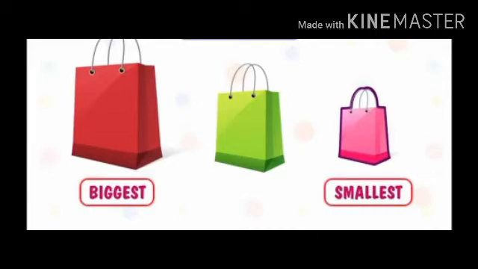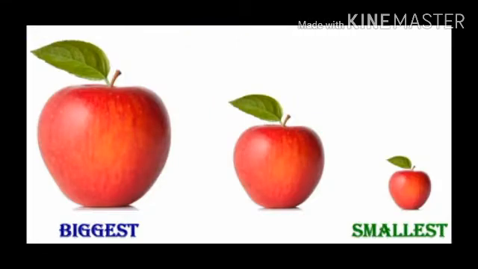Very good. Here we have apples of unequal sizes. Now you have to find which is smallest and which is biggest. They have already given which is biggest and which is smallest.